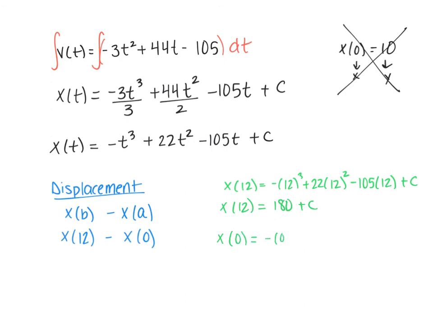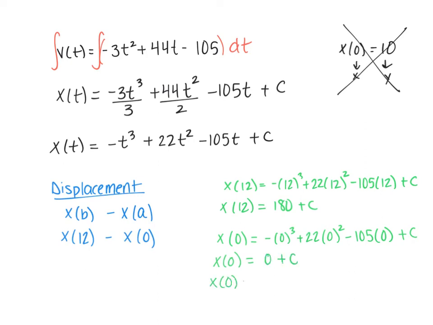So negative 0 to the third plus 22 times 0 squared minus 105 times 0 plus c. So you don't really have to put this into the calculator. Obviously, all of this is going to just be 0. So the 0 plus c is just c.